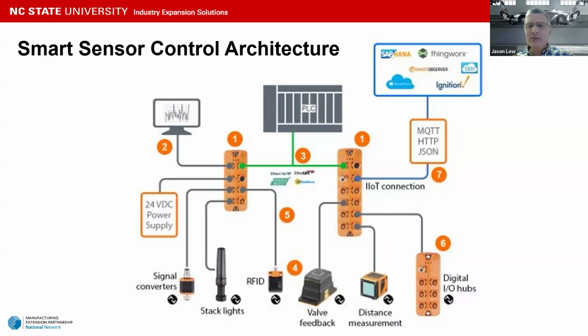We're able to go through or bypass sometimes our PLC, our control system, and actually bring that information up to the cloud. And that's what a lot of our home automation systems do presently. We want to be able to do that on our manufacturing floor as well, in a protected way, obviously.